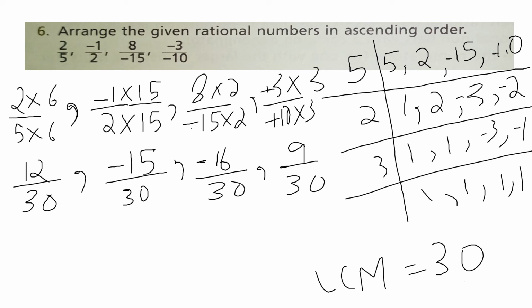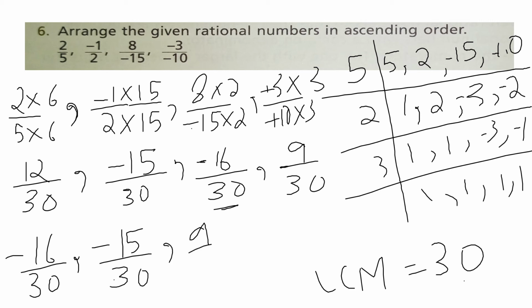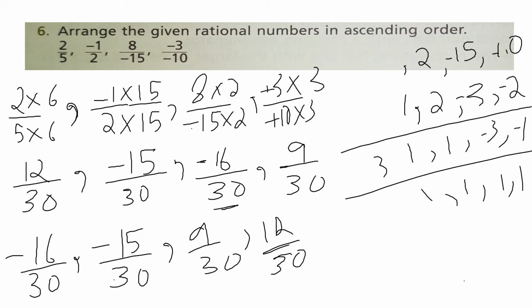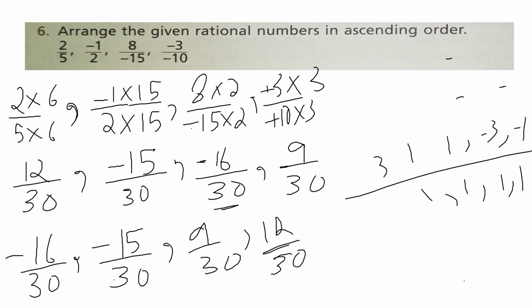Now you have to compare them. Which one is the smallest here? This one, because it is negative. So you will write it first. After this, minus 15 by 30. Now come to the positive numbers, 9 by 30, and then the greater one is 12 by 30. So this is the ascending form of these rational numbers.